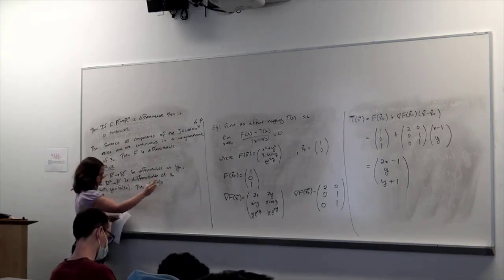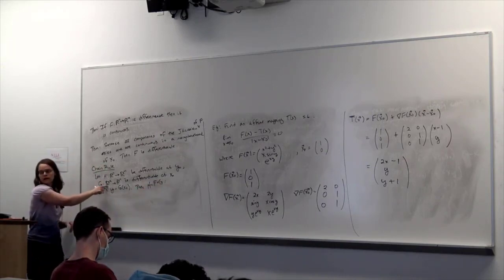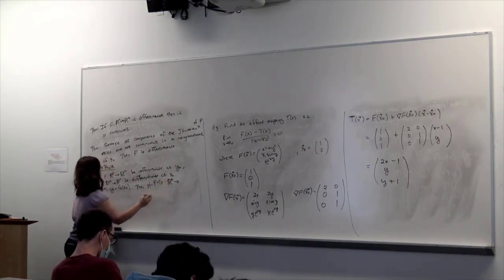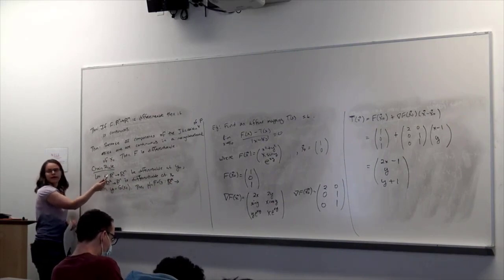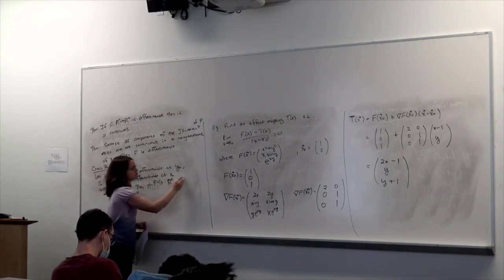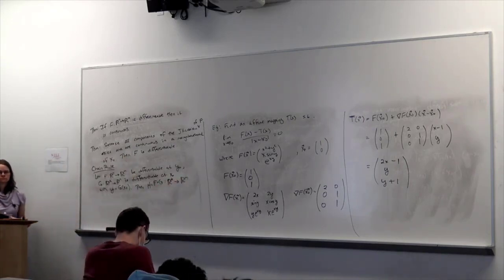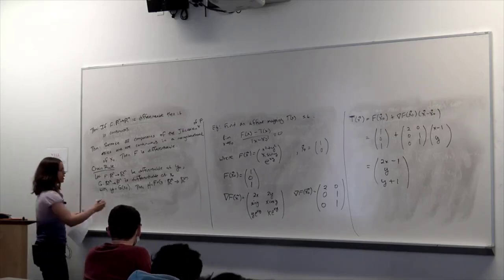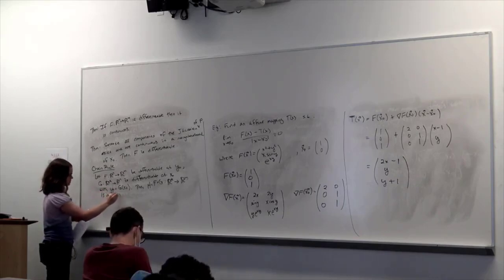So if we take f of g, what does f of g do? It takes something in Rk, which becomes Rn. Then our variable in Rn gets plugged into here and becomes Rm. Okay, this is differentiable at x naught.